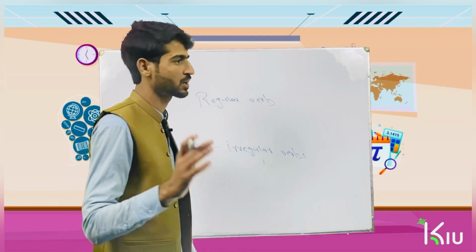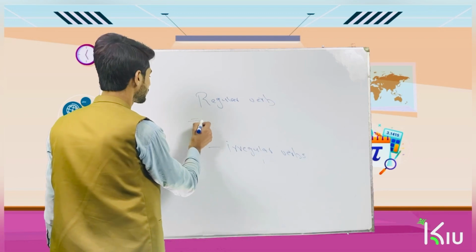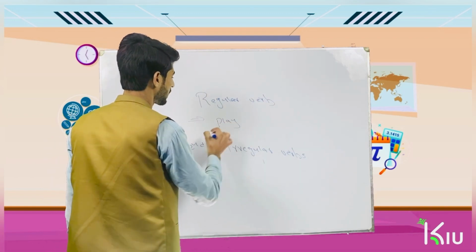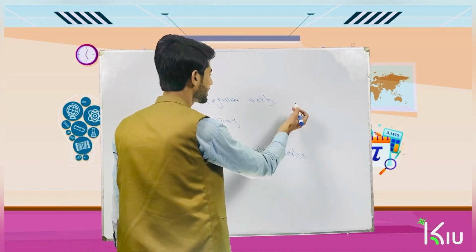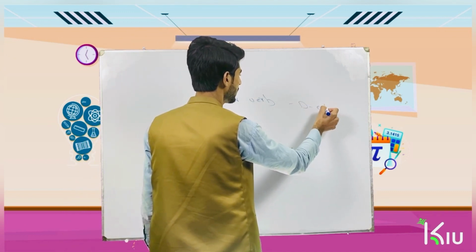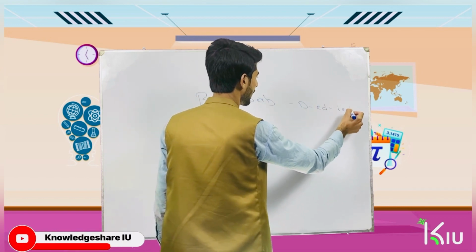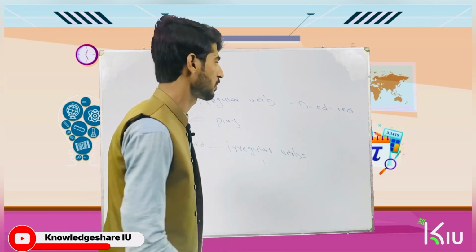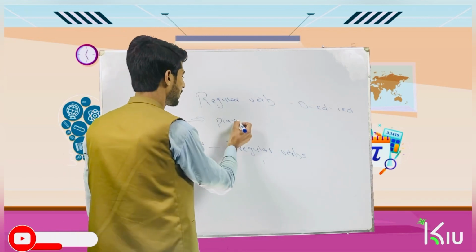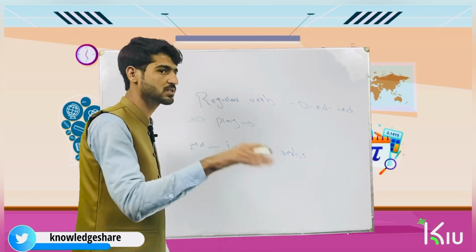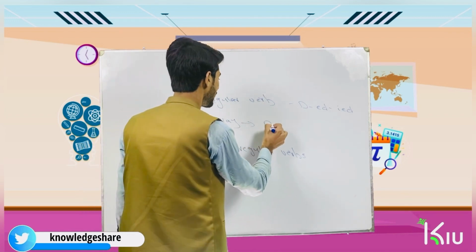What are regular verbs? If there is a verb like play, and it takes d, ed or ied, those verbs are called regular verbs. For example, play. If I want to change it from present to past, I will say played.